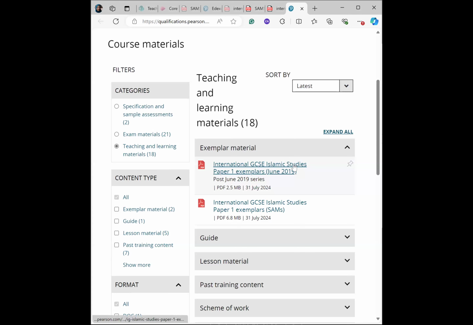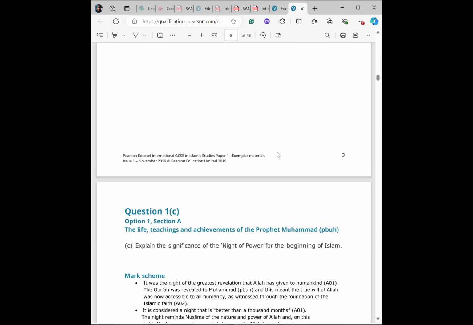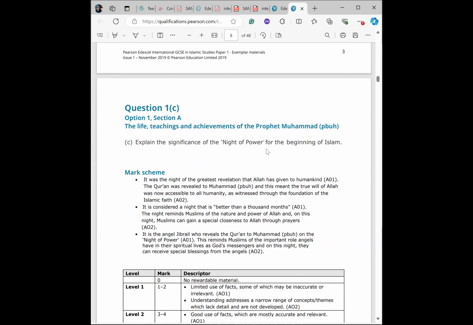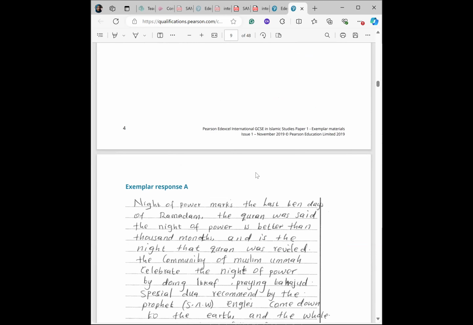So you have some exemplars here, which you can show to your students in terms of responding. This is based on June 2019. So let's see that one. Here, you can see how we were talking about the Night of Power. Some exemplars here, so you can share with your students.